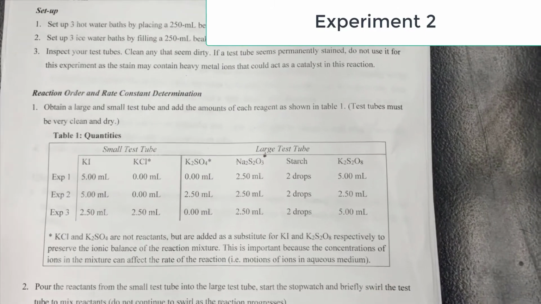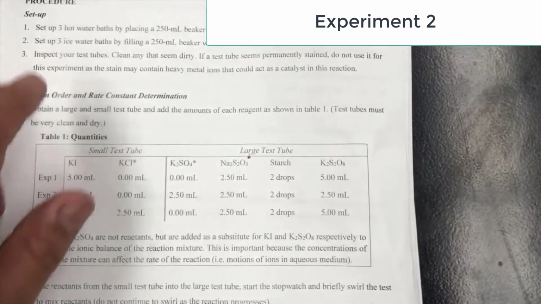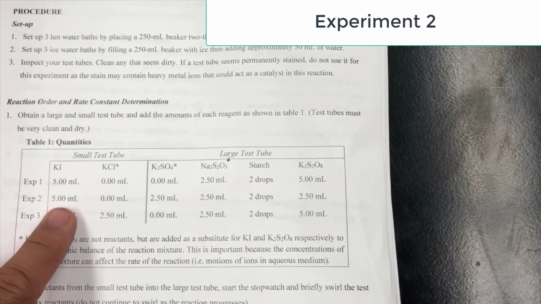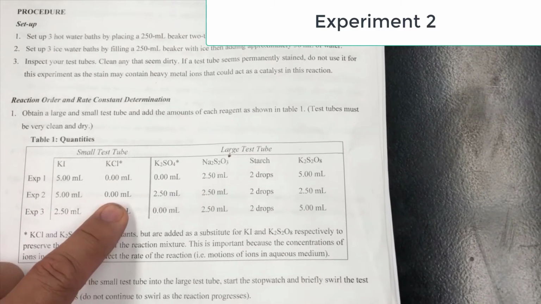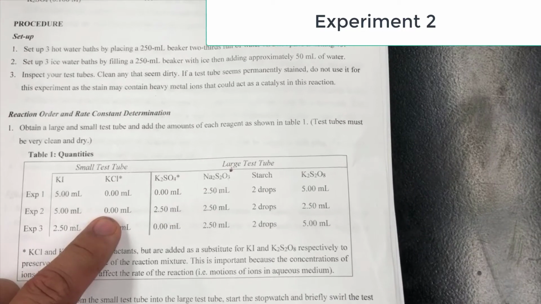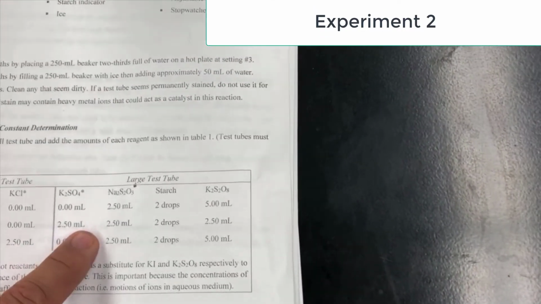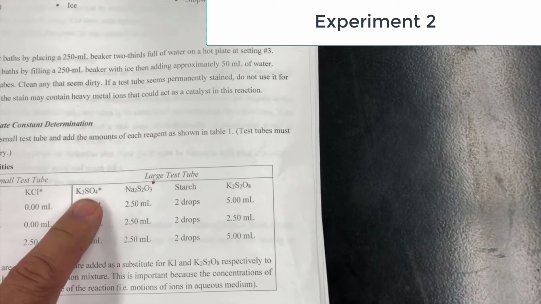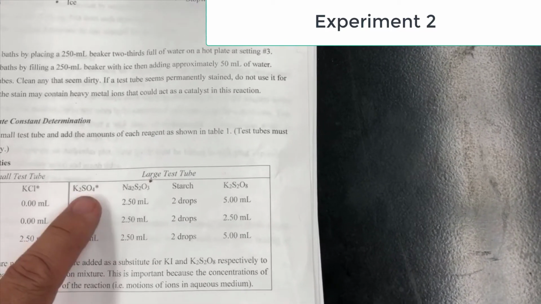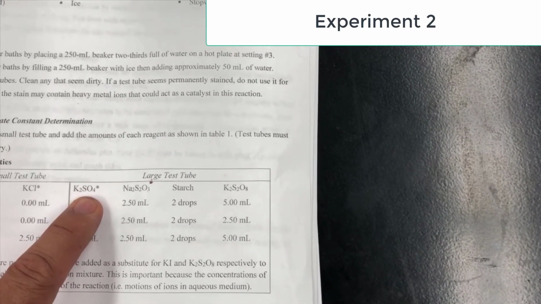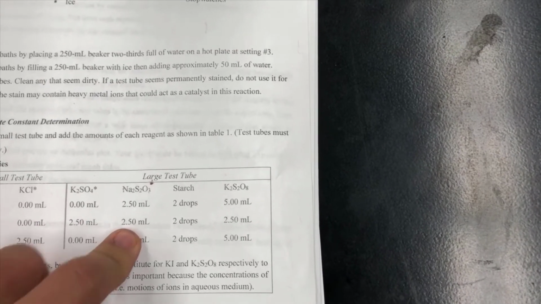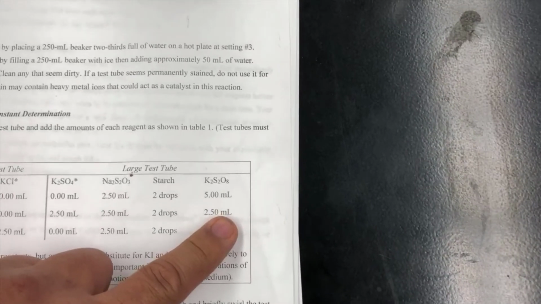So as we do experiment 2, keep in mind that we have not changed the amount of KI. I have not added any KCl, so this volume is 5 milliliters. But what we've done here is added 2.5 mils of K2SO4. Now the K2SO4 doesn't actually do anything in the reaction, but it makes up for the volume of persulfate that we're not adding.